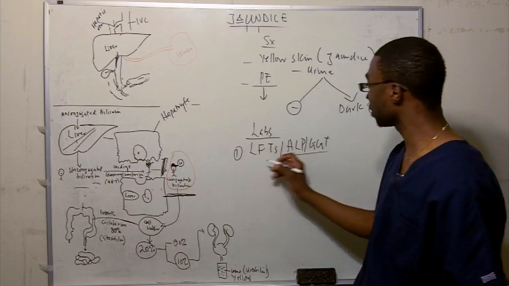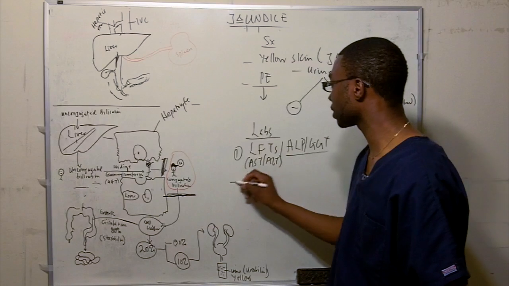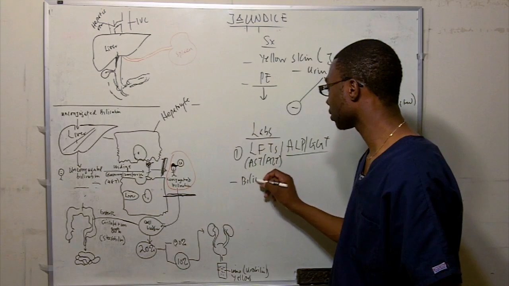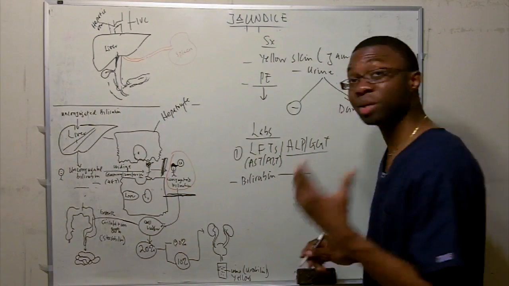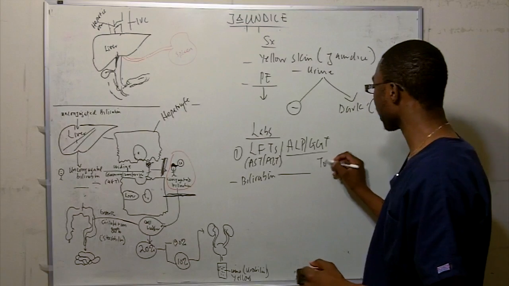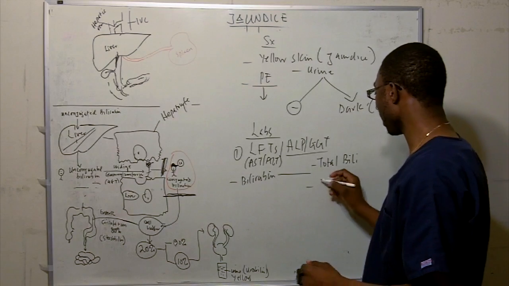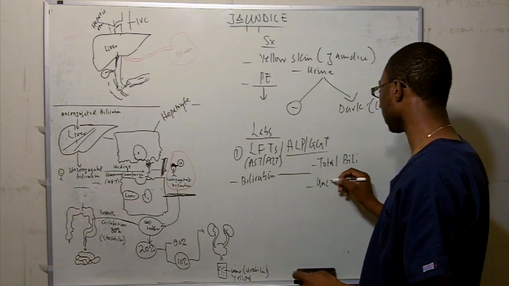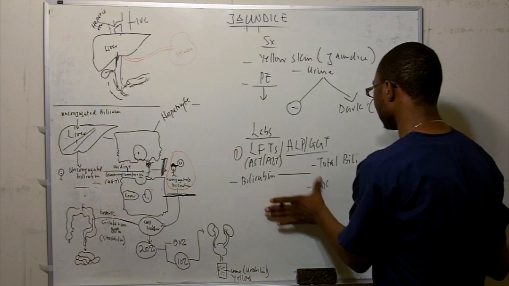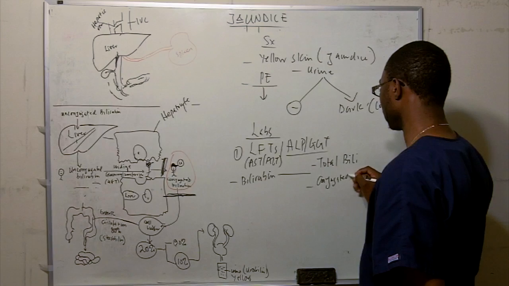However, when we order liver function tests aside from the AST and ALT, we're going to order what the bilirubin levels are. And now this is where the bread and butter is. When bilirubin comes back from the lab, it comes back as total bilirubin, and they give you the conjugated bilirubin.